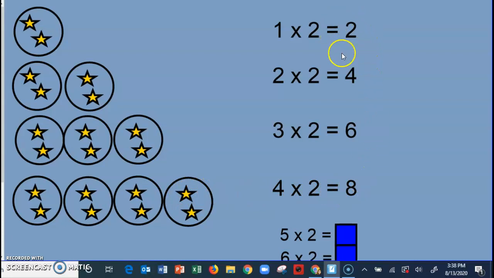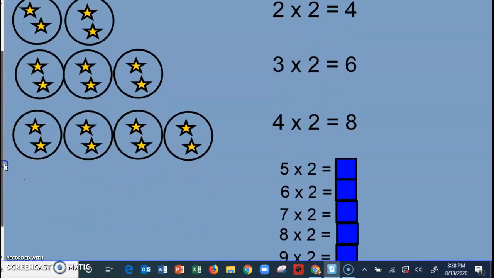Look at your pattern that's happening with your products. 2, 4, 6, 8. I bet that sounds familiar, doesn't it? It's skip counting because every time you're adding 2. 2 times 2 is 4. Add 2 more. 2 times 3 is 6. Add 2 more. 2 times 4 is 8.